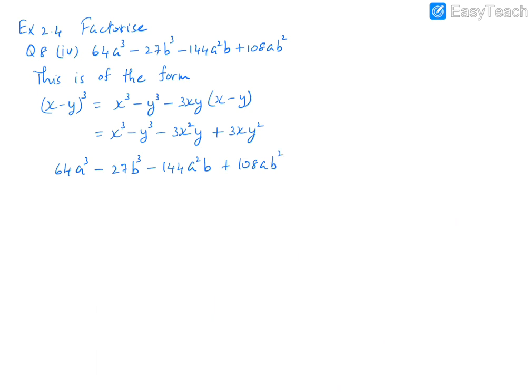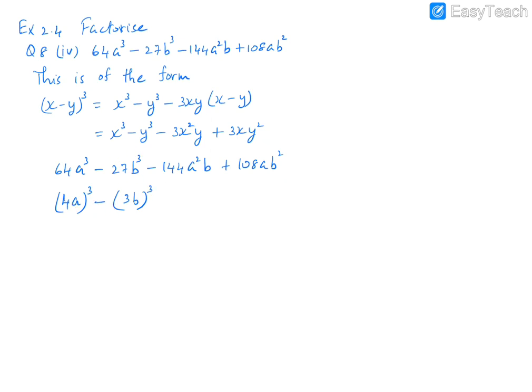Okay, so now let's try to write the first term as some x the whole power 3. Clearly the cube root of 64 is 4, so we can write it as 4a the whole cube. 4 into 4 into 4 is 64, and a into a into a is a cube. So 4a the whole cube is 64a cube, and minus, in place of y we can write 3b the whole cube. 3 cube is 27, so 27b cube.